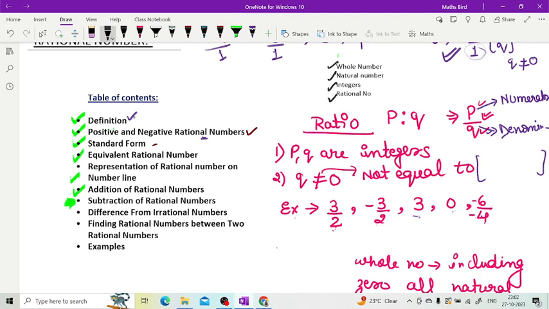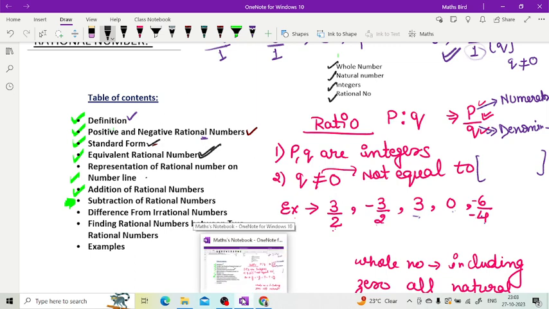Then we discussed definitions: what is a positive and negative rational number, what is the standard form of a rational number, and what is an equivalent rational number, right? In the next class we will discuss the representation of rational numbers on the number line and how to add and subtract, right? So fine, I wind up today's class here.